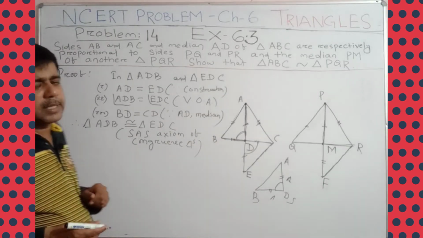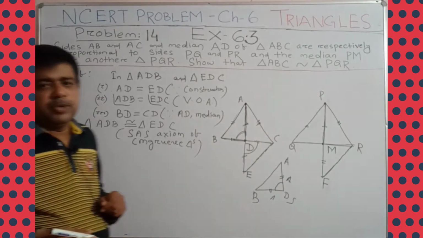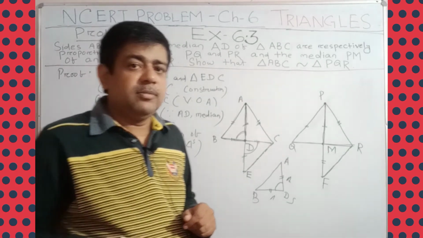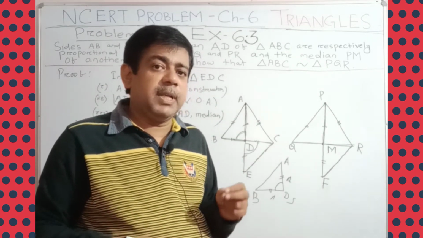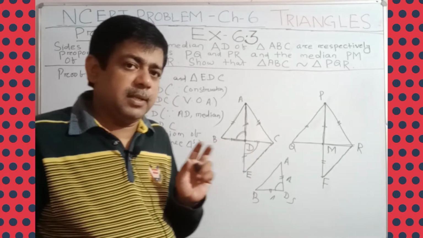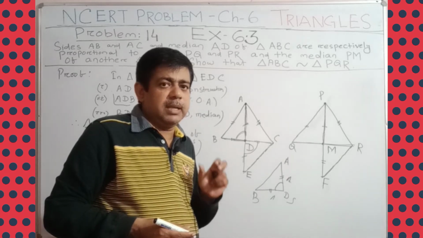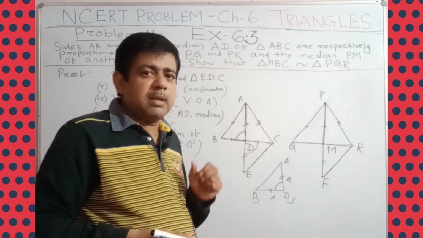Since the two triangles are congruent, what do you know? If two triangles are congruent, their corresponding sides are equal and their corresponding angles are equal. Yes or no?